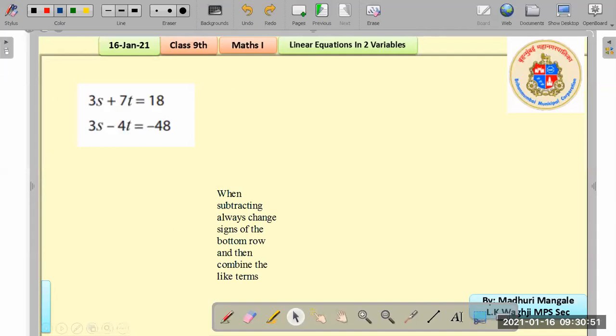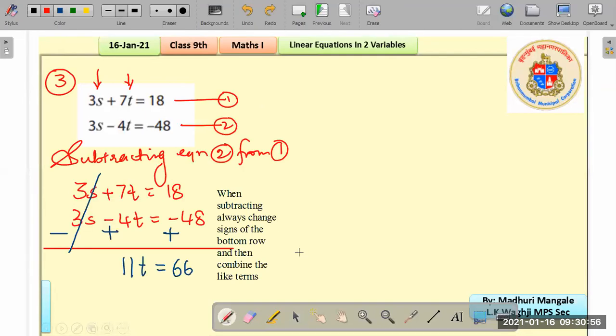So when subtracting, always change signs of the bottom row and then combine the like terms.